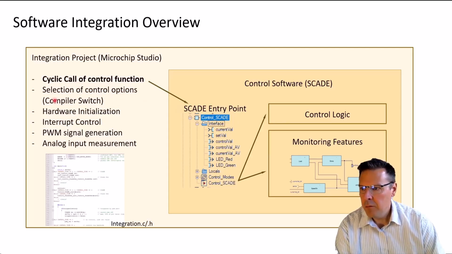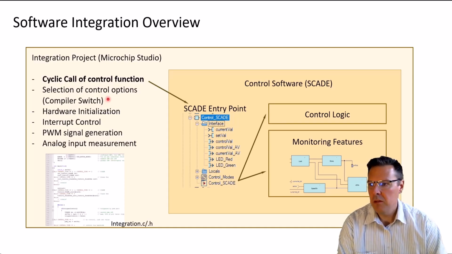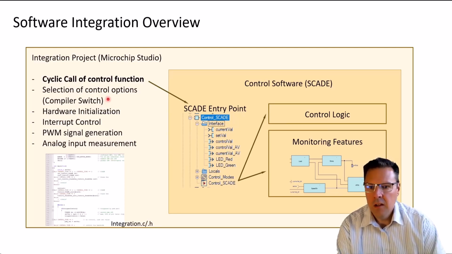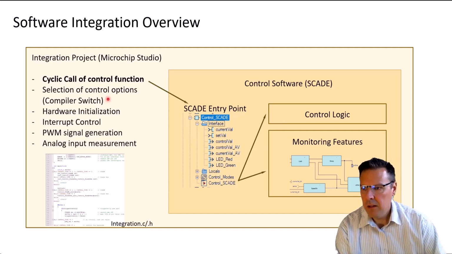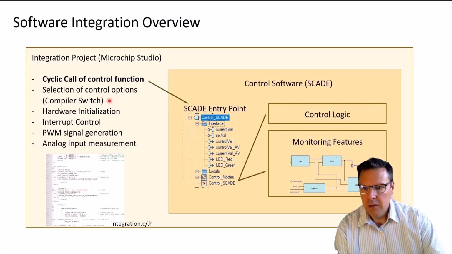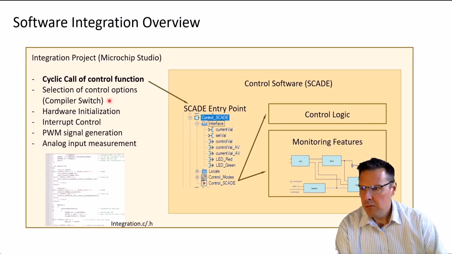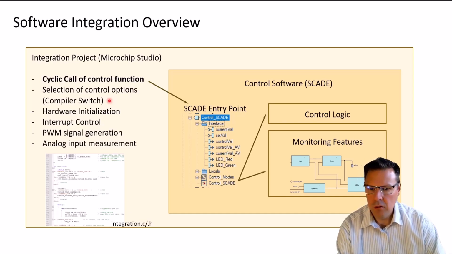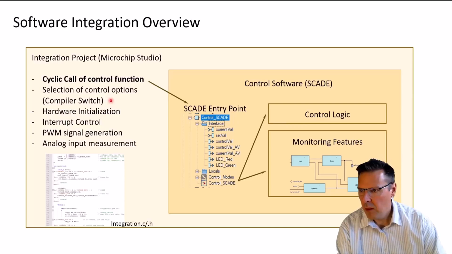Beside that, I introduced a compiler switch here that allows to select between different control options. We will come to that in the next lesson, but it eases to compare and switch between different implementation environments, between different control approaches, etc.